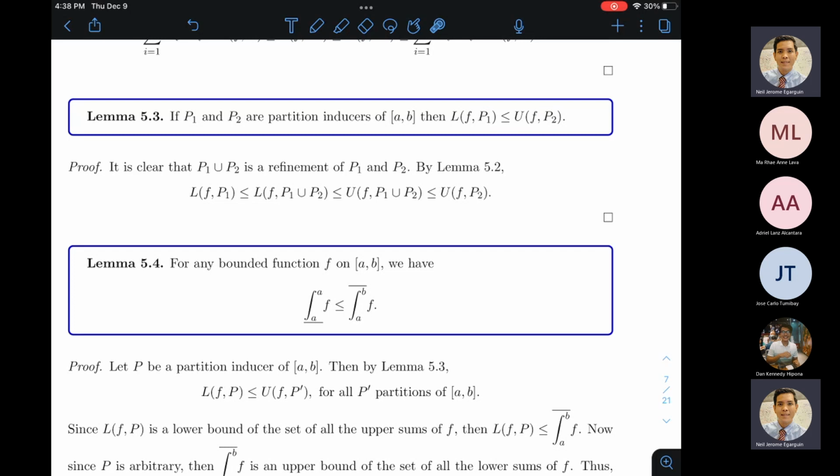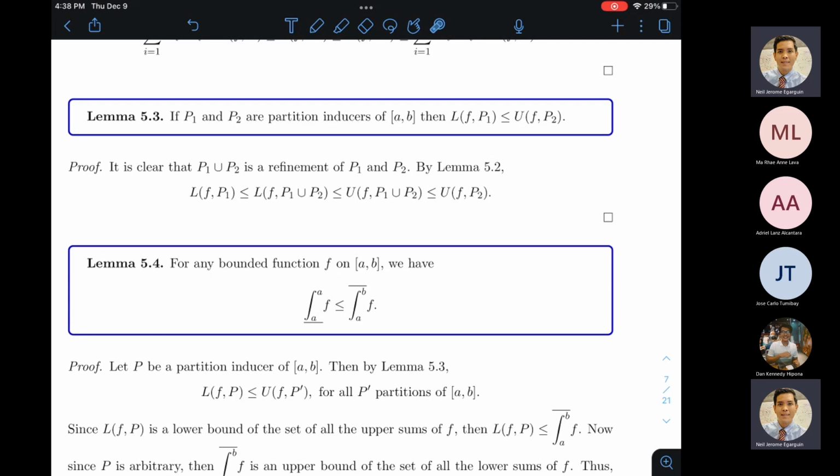Kung same yung partition inducer, pag ginamit mo yung supremum as your height, definitely mas malaki yon kaysa dun sa rectangle na makukuha mo by using the infimum as the height. And then when you sum up larger numbers, compare it against with the sum of smaller numbers, laging mas malaking sum ng larger numbers.